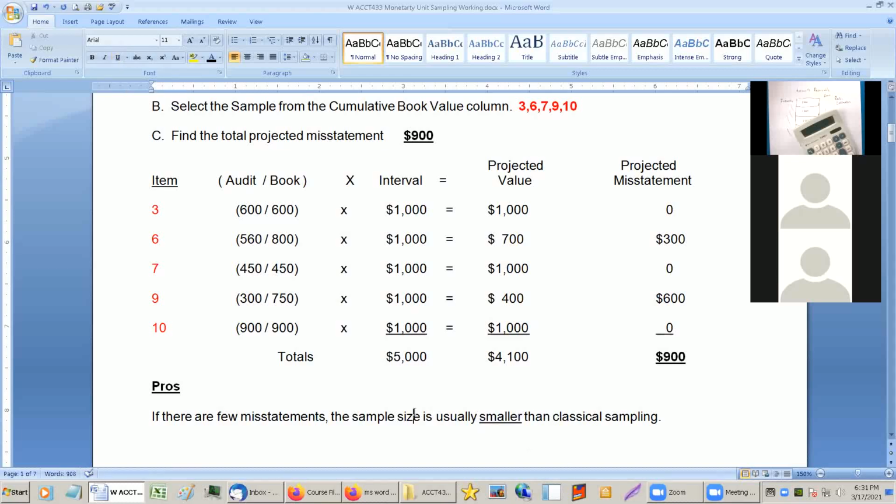So the sample size is usually smaller given the same, say, 95% level. And if you don't expect many misstatements or any misstatements, usually the sample size is smaller.